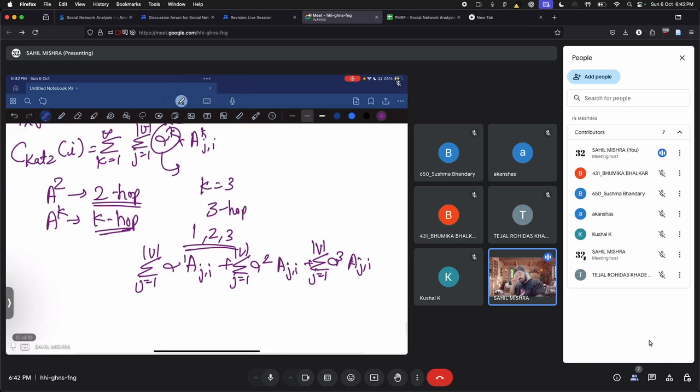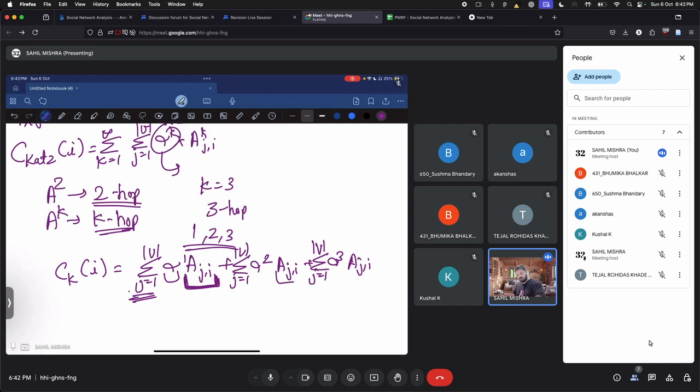So what this basically tells is, you take immediate neighbors with some value of alpha, that's power 1. For the Katz centrality of the ith node, you take all the nodes in the network, you take 1-hop neighbors, because if there is a 1-hop relationship, this value will become 1, otherwise it will become 0. And then you multiply it by alpha.